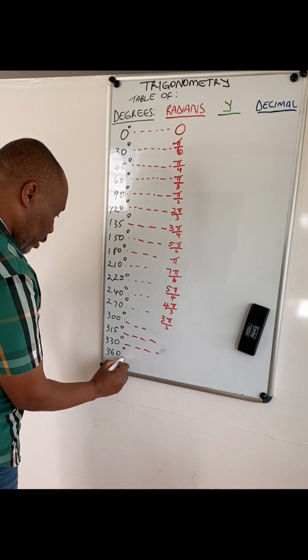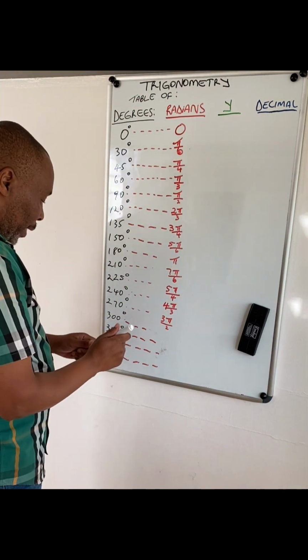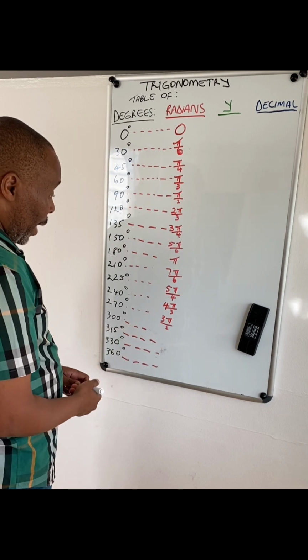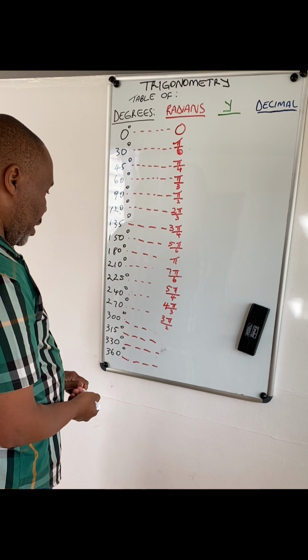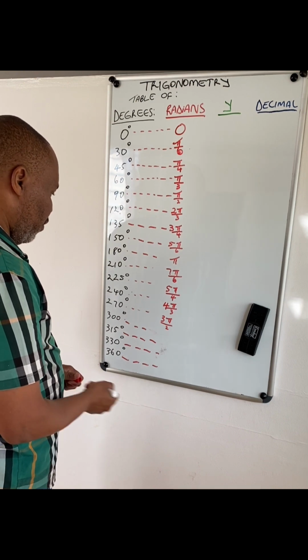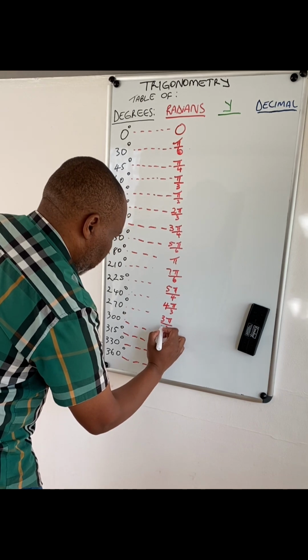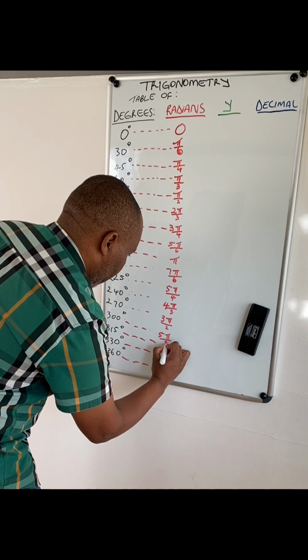Let me give this one a little bit of space. So at 300 we have 5 pi over 3.